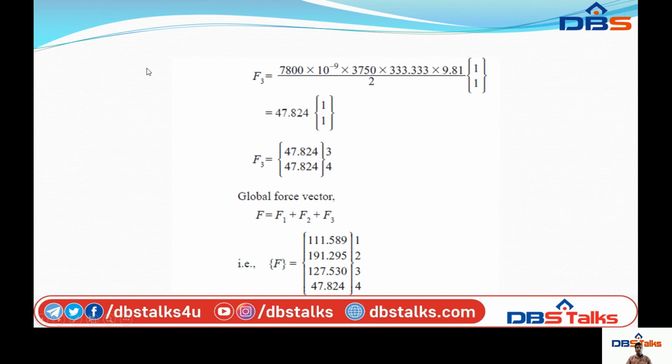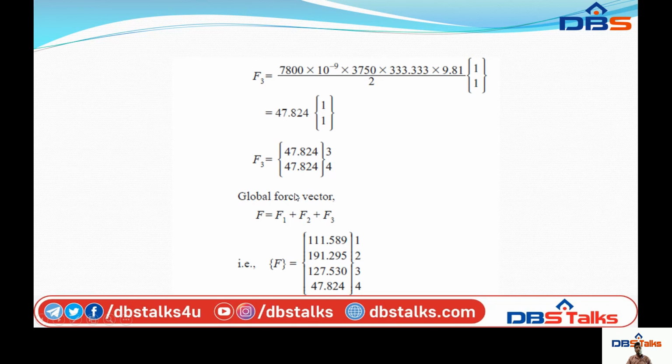After calculating the body force vector for every element, F1, F2, F3, we want to sum up the global force vector, that is F equal to F1 plus F2 plus F3.